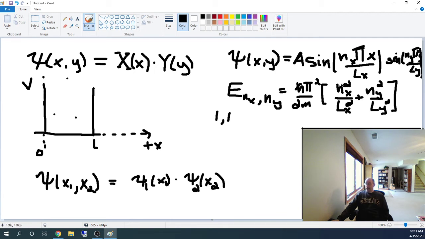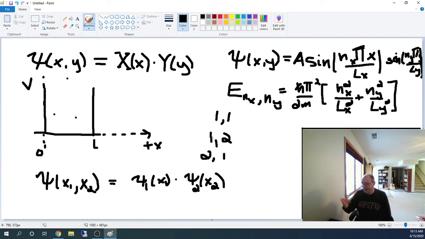Then the issue is, when n sub x is 1 and n sub y is 2, I get some value of energy, but I would also get the same value if it was 2 and 1. That's what we call degeneracy. It's the same energy for this first excited state, the one above the ground state, but it corresponds to two different quantum numbers.